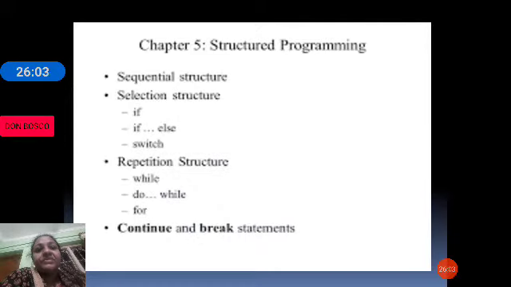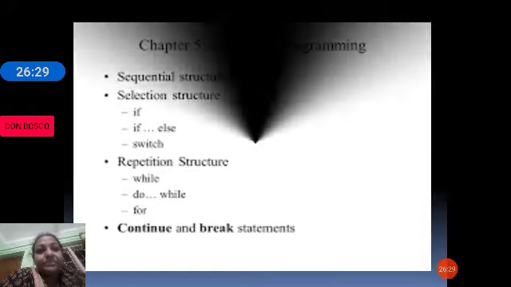So sequence, selection and repetition. Sequence, as you know, is input, output and processing. Selection: if, else if, switch. Then we have repetition or looping structure or iterative structure, which includes while, do while and for. We have not discussed continue and break statements; we will be discussing them in later chapters.